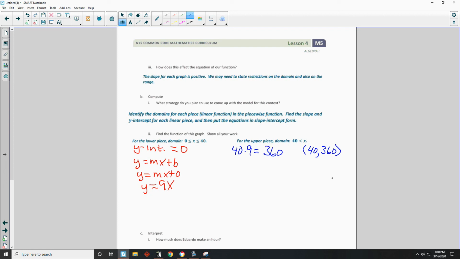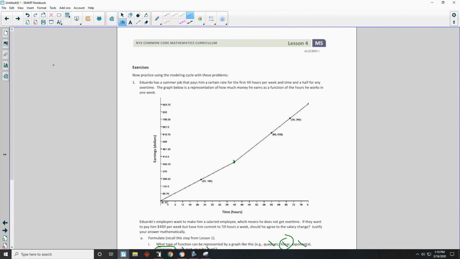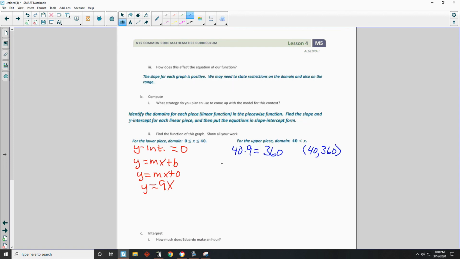All right, so for the second linear equation, we again find the slope. So setting the 2 points, I think we're given another point here. Yeah, 70 right here. That is 70, comma, 765. So we have the point 70, comma, 765 as well as 40, comma, 360.